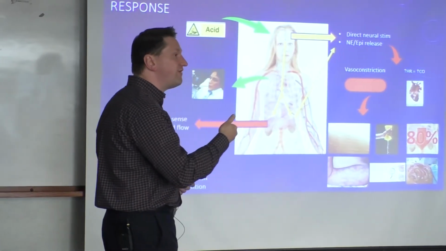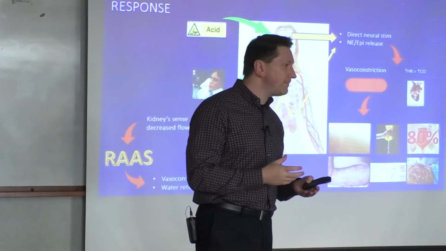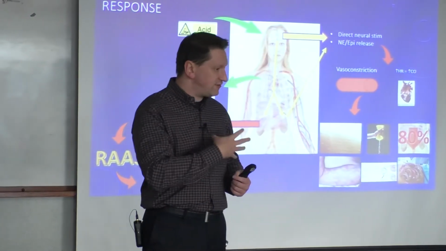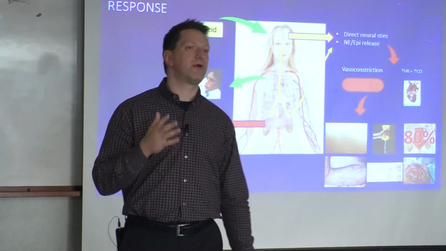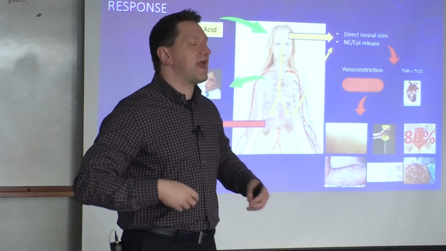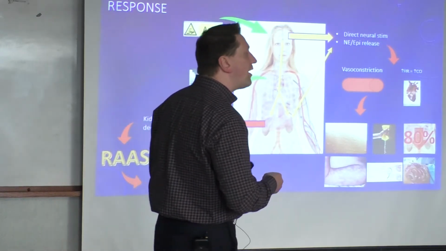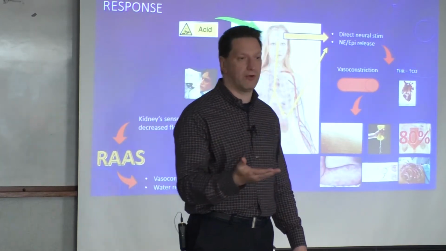But if your pressure is very low, they will not pulse as intensely. Number 2, you have aortic arch receptors that can tell whether that aorta is being adequately charged. And number 3, and most importantly, are the afferent renal arterioles. They can tell whether the pressure going into the kidney is as expected or below expected.